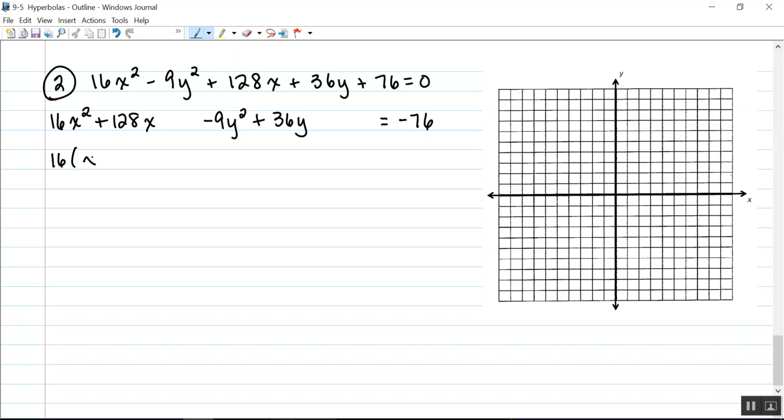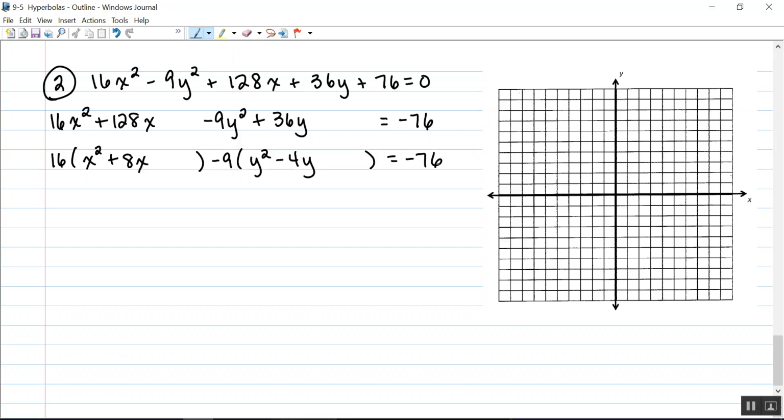So it's going to give me 16 times (x² + 8x). Okay, and then over here I'll factor out a -9, and this is a little tricky, so that's going to change the sign in front of the 36 to a negative, because when I multiply, I'm going to do -9 times -4 to get 36, equals -76.